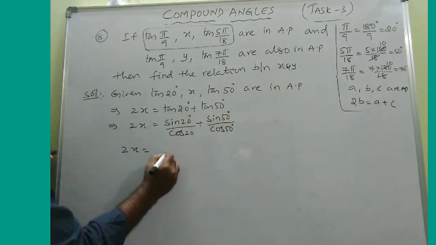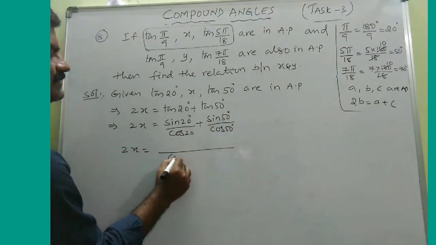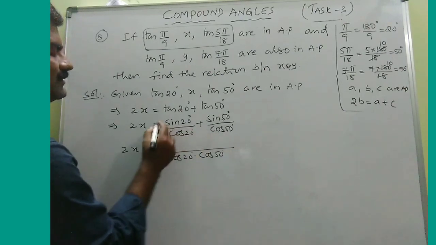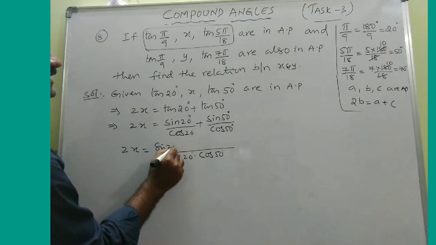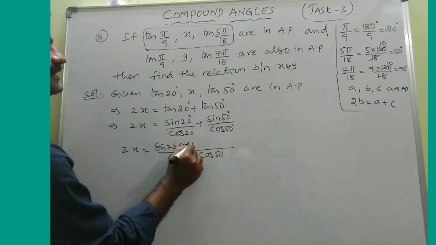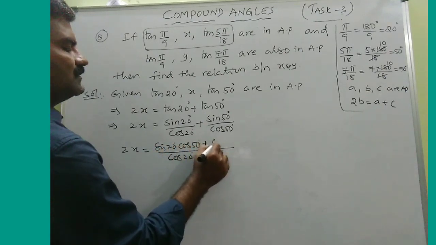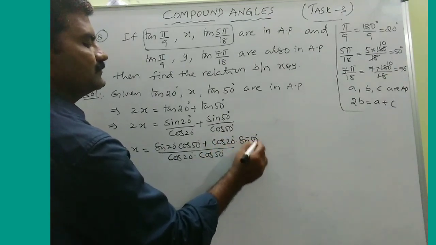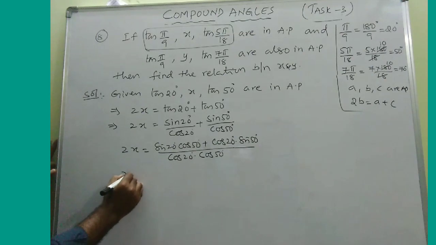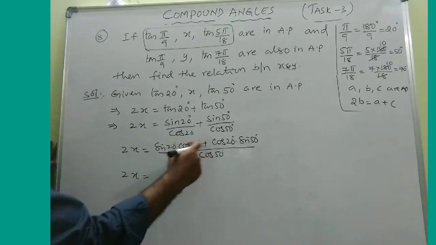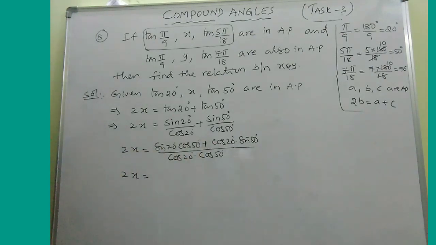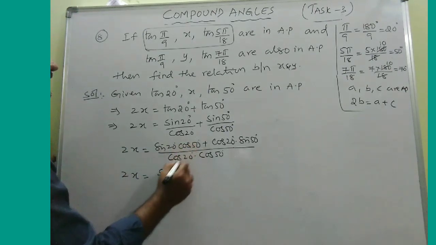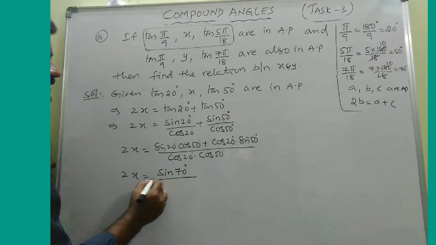Then 2x equals, go for LCM, which is the product of these two. Then cross multiplication, sine 20 into cos 50 plus cos 20 into sine 50. Hence 2x equals, so the numerator is just like sine of A plus B. So what is sine of A plus B? 20 plus 50, which is equal to 70 degrees.